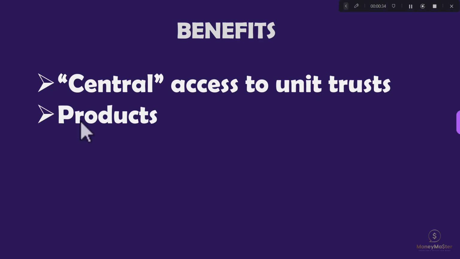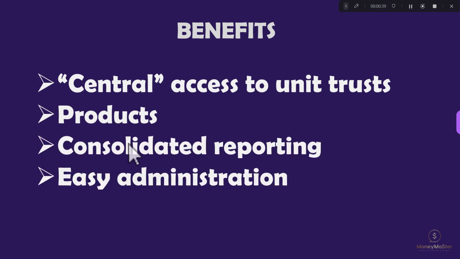You've got one account and you can have access to many different products and many different unit trusts. The next one is the products I mentioned, and then these two that go hand in hand, the consolidated reporting, which makes your administration a lot easier.